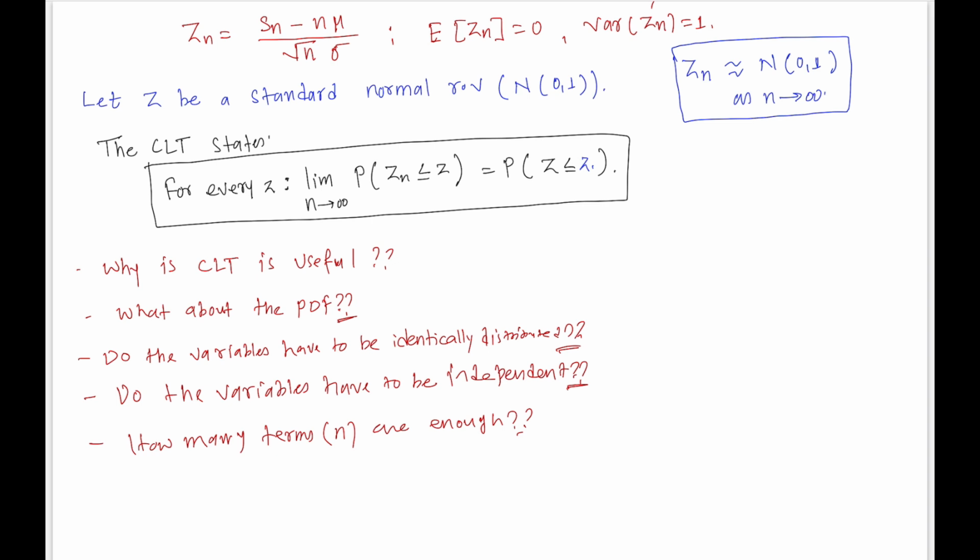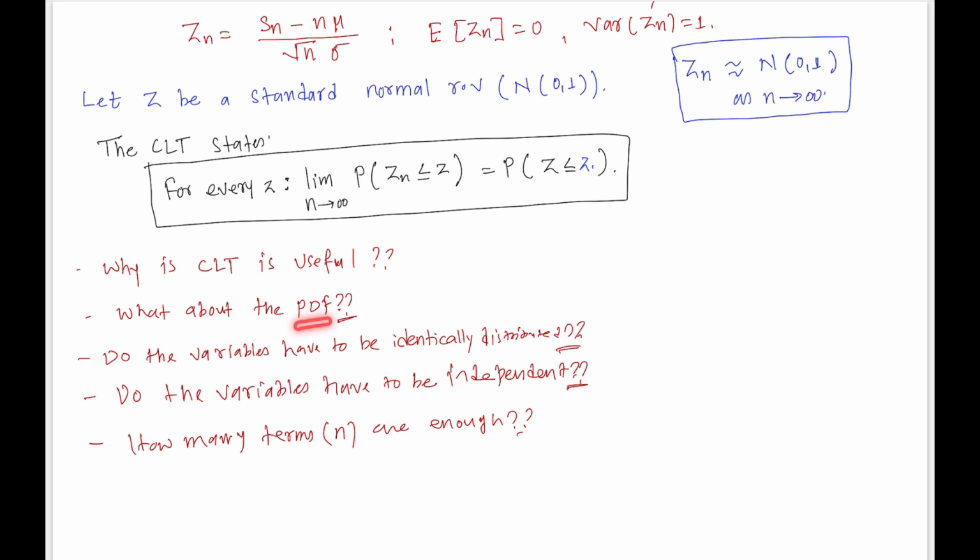The question is, will the PDF or PMF also converge as we increase n, or for a large value of n? Yes, it will converge, but for that you need some extra assumptions.